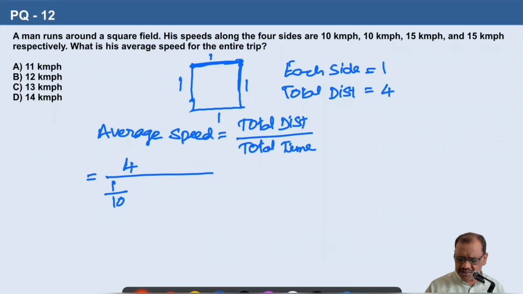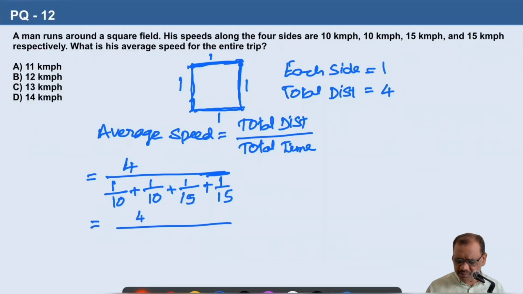Next, the second side is also 1 by 10. For the third side, the distance is 1 and speed is 15, so 1 by 15, and for the fourth side also 1 by 15. So this is the total distance by total time. Let us simplify this.